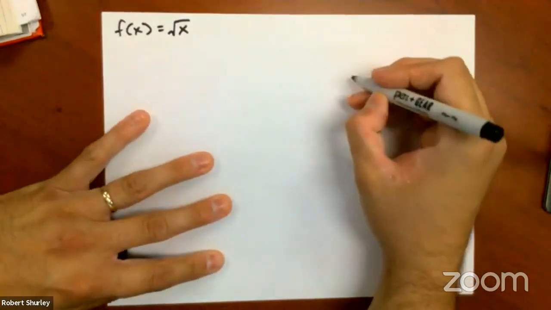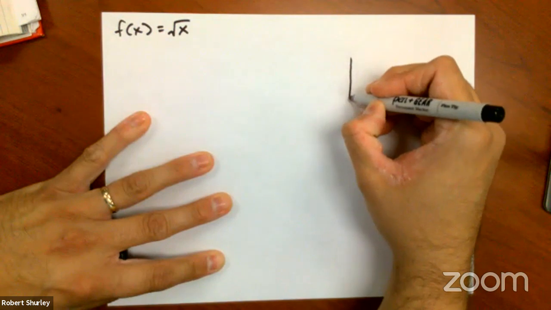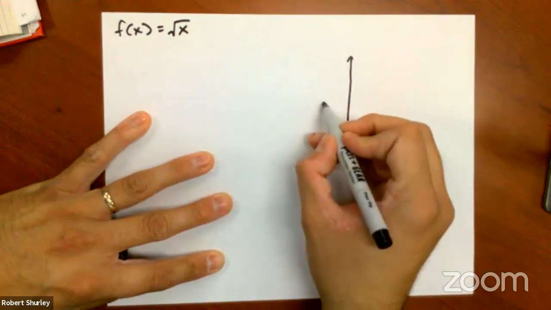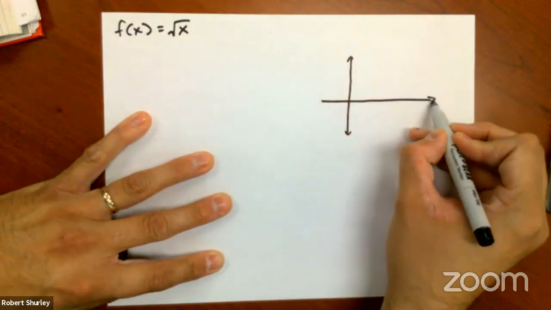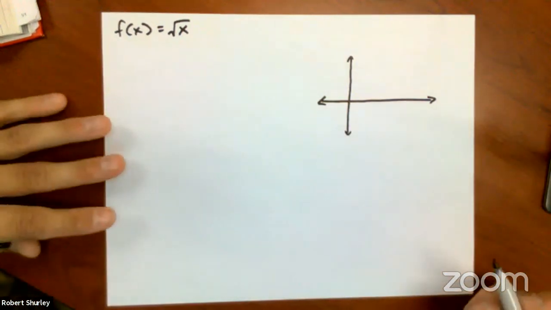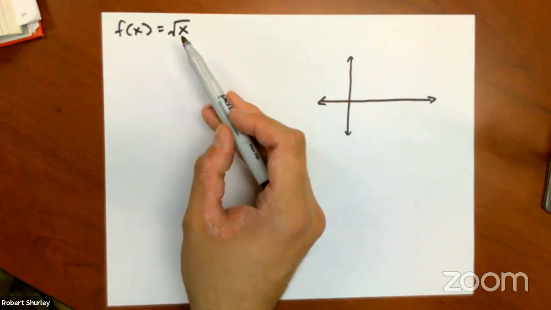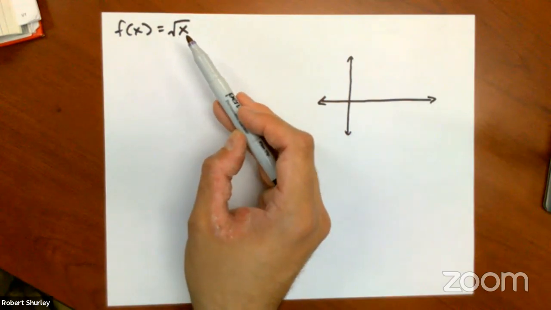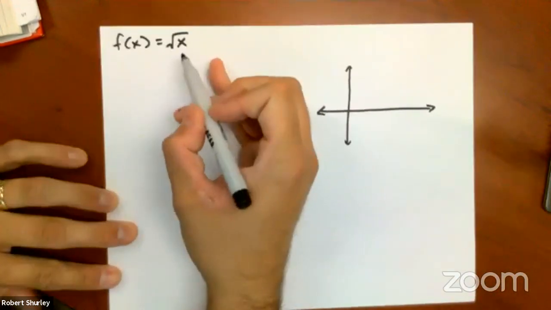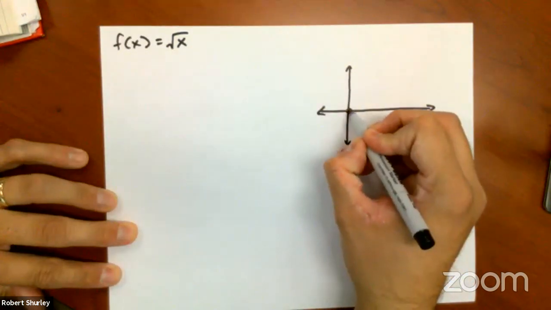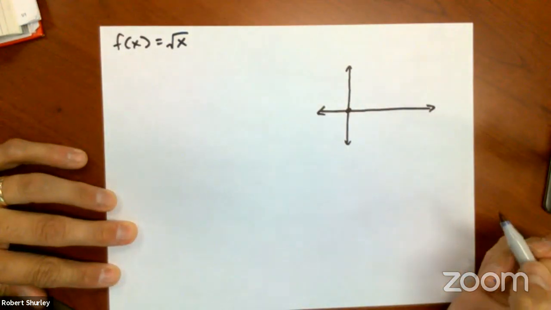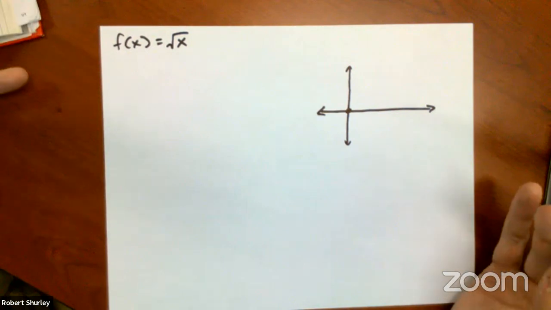Okay, let's look and see what this looks like. Now, if we want to graph this, we know we can't put any negative numbers under this radical, right? We took a test over that. So we have to start at 0. And if you put 0 in, you'd get back 0. So we're at 0, 0. And then I'm just going to choose numbers that have nice square roots.